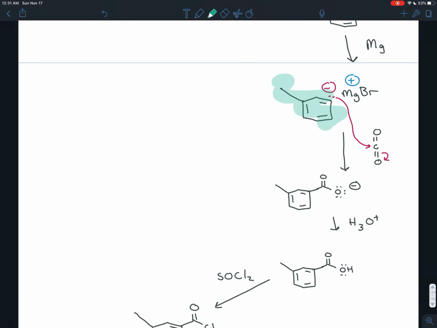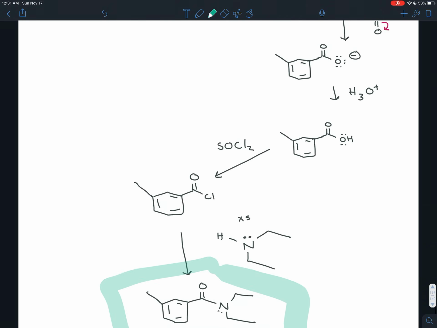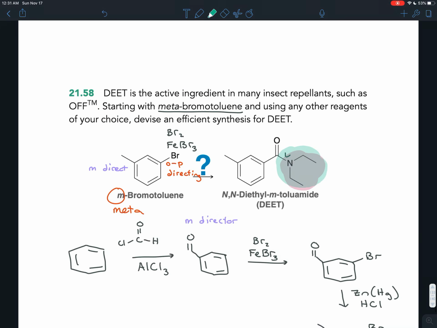That gave us our Grignard reagent, and we were able to create a carboxylic acid and add a carbon at the same time by reacting our Grignard with carbon dioxide. That gave us a negative charge, but we stabilized it with some acid. So now we had the carboxylic acid, and all we had to do was replace the OH with our amine, and we'd have DEET.